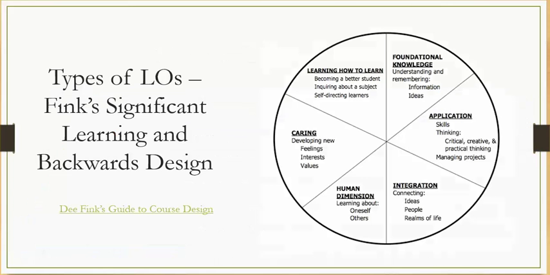Both DFINC and the backwards design folks also include a caring and human dimension and a learning how to learn dimension, so that students do some reflection and have some metacognition, and that's an important part of the learning process, and also so that empathy can be introduced into the learning outcomes, and other intangibles that might connect with the core reasons that we do teach.